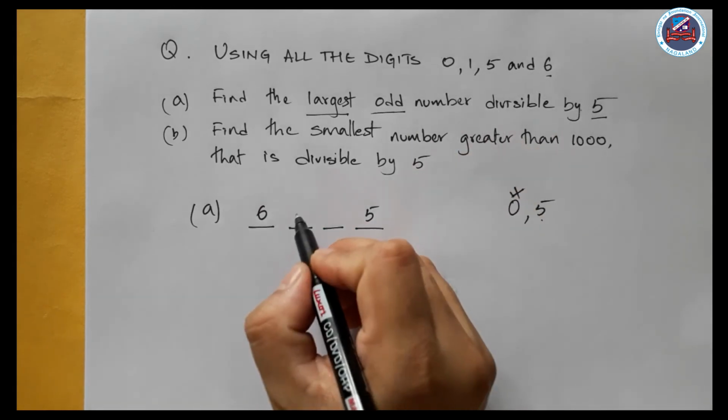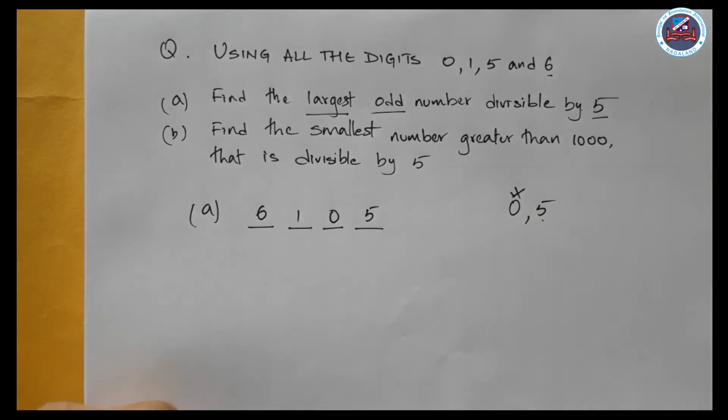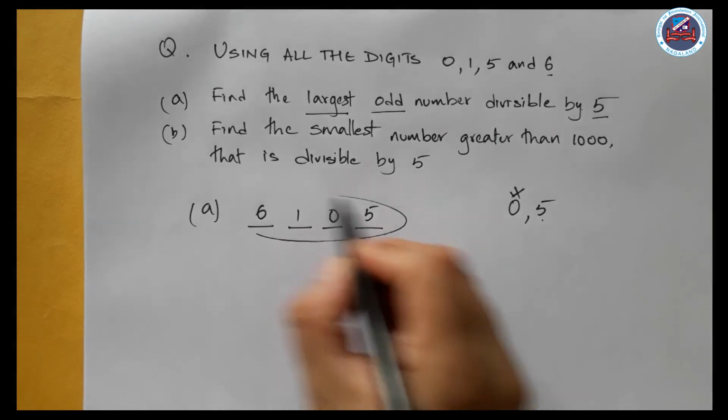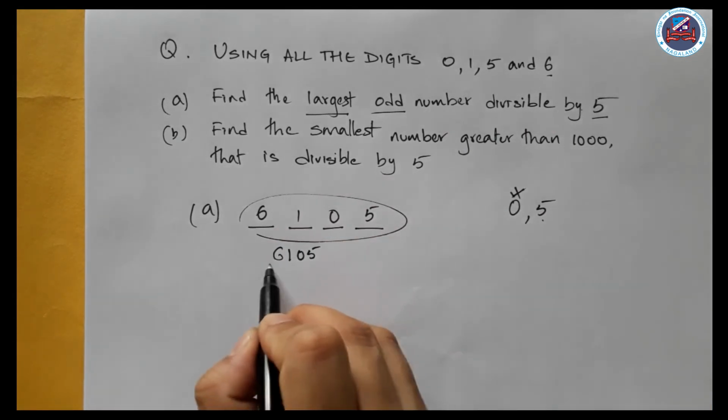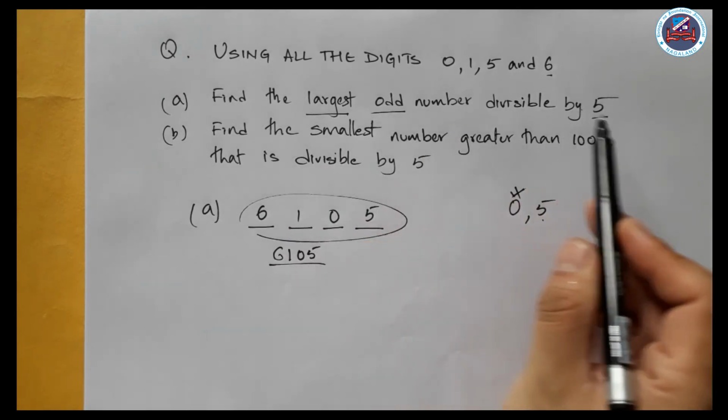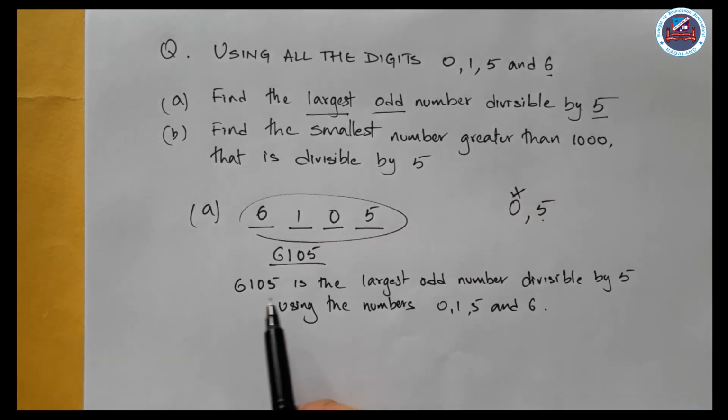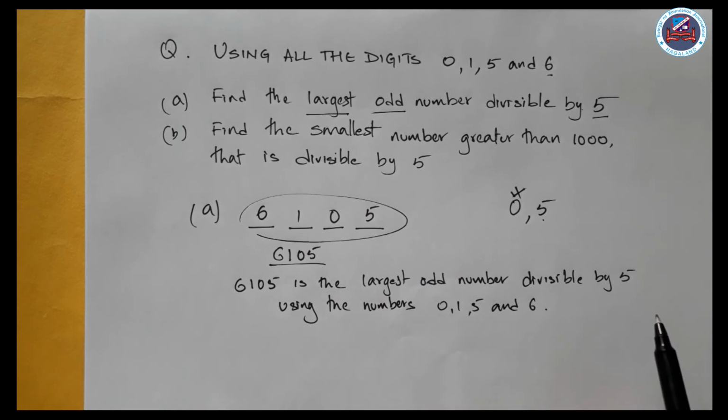So I have to use 1, then 0, then 5. So I get a number which is 6105, which is the largest odd number divisible by 5. 6105 is the largest odd number divisible by 5 using the numbers 0, 1, 5 and 6.